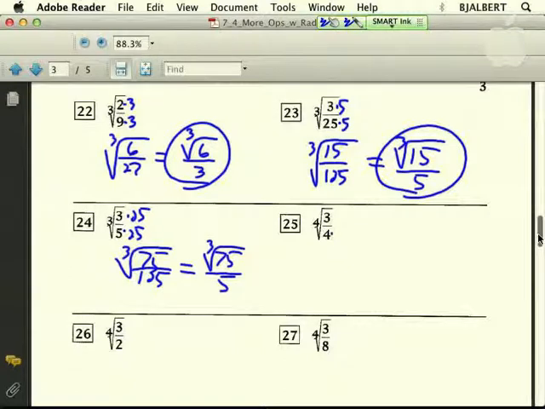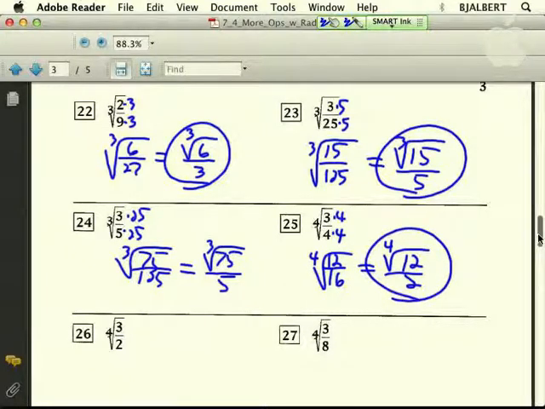In 25, you multiply top and bottom by 2, so you'd have the cube, or rather the fourth root. Oops, no, I made a mistake there. Multiply top and bottom by 4. So you'd have the fourth root of 12 over 16, which would be the fourth root of 12 over 2. And in 26, you'd multiply the top and bottom by 8.